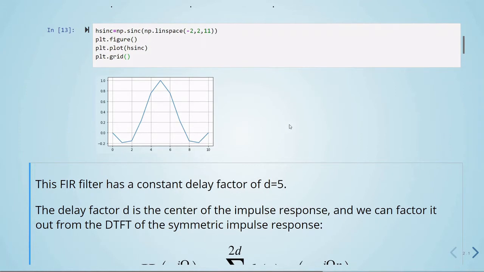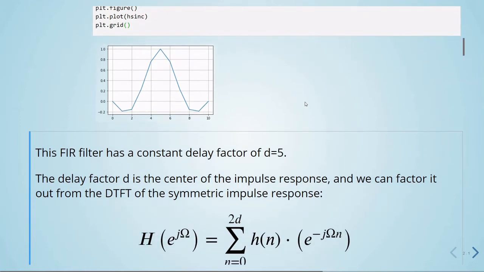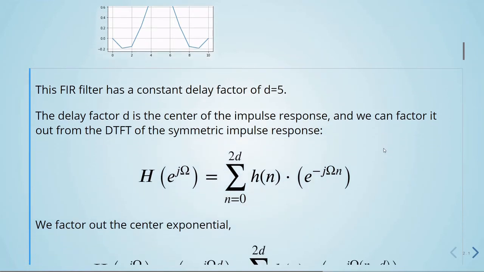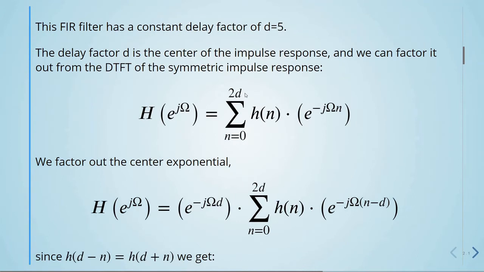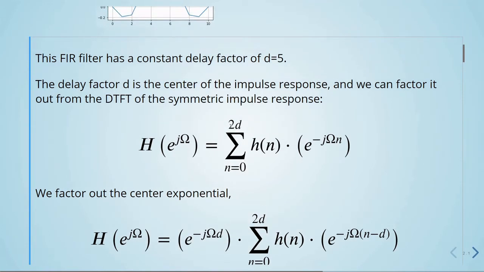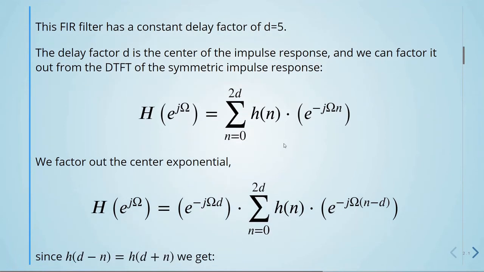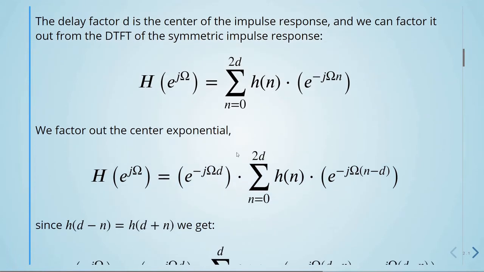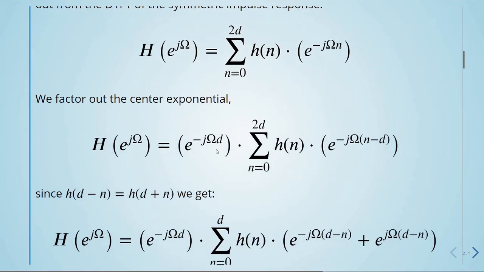So the delay factor d is in the center of the impulse response, and we can factor it out from the DTFT of the symmetric impulse response. So this is the frequency response, going from 0 to 2 times d. In the impulse response, we factor out the center exponential.